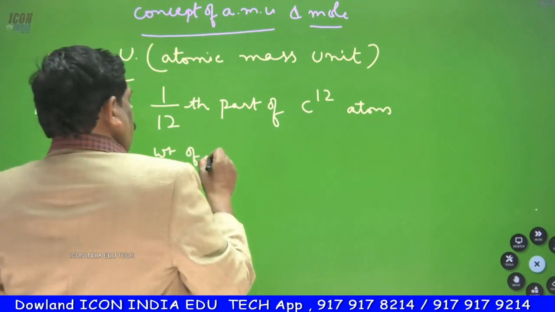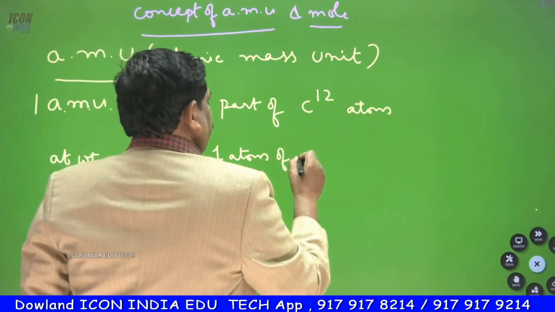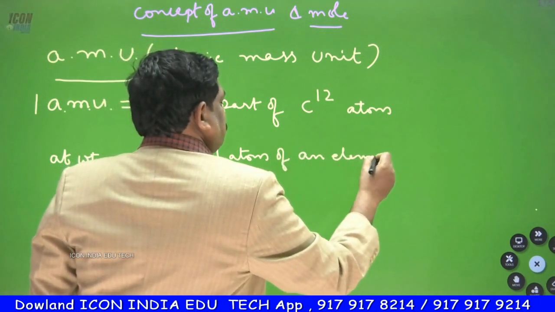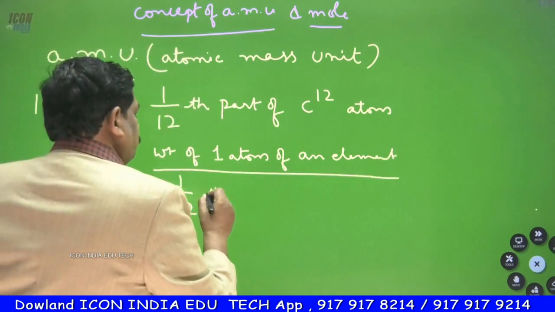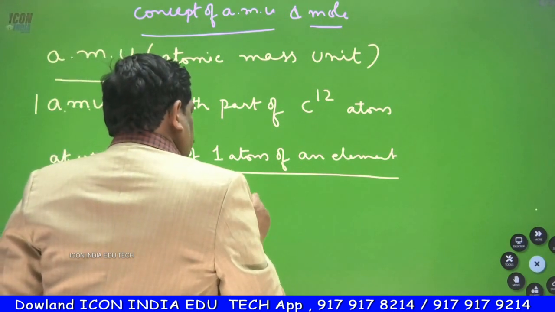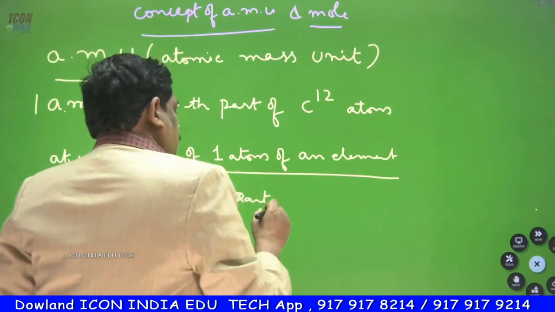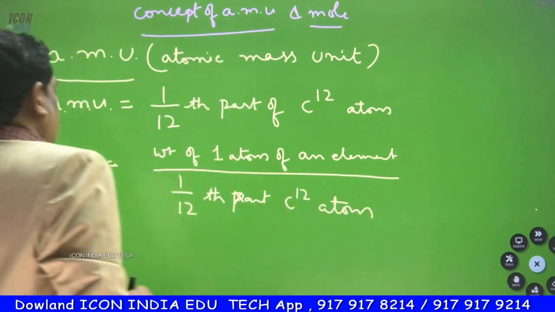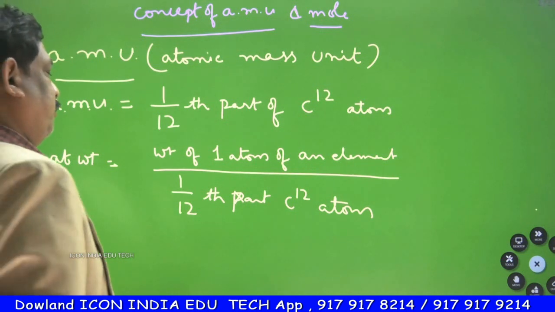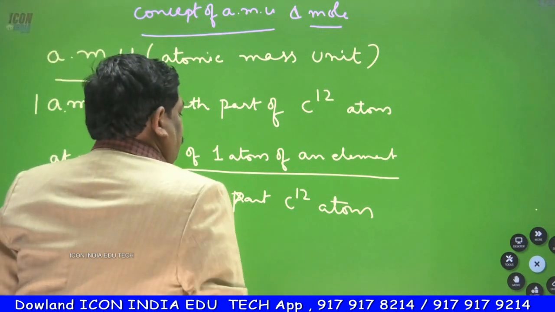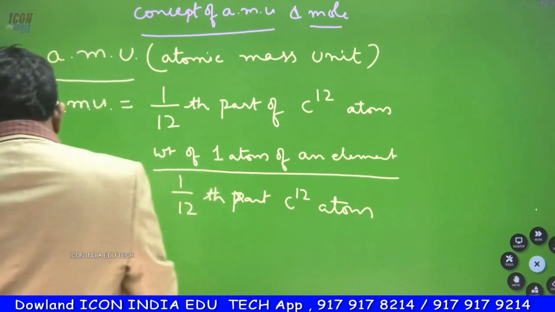Weight of one atom of an element divided by 1/12 of the mass of a carbon 12 atom. Atomic weight is the weight of one atom of an element compared to 1/12 part of a carbon 12 atom, which is 1 AMU.